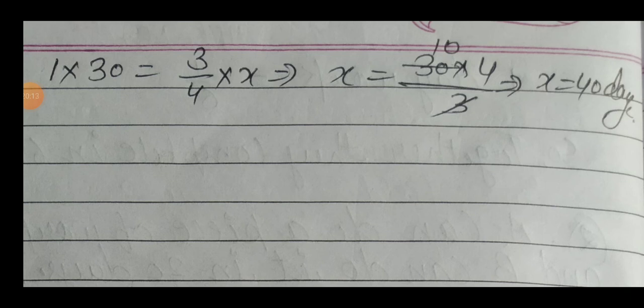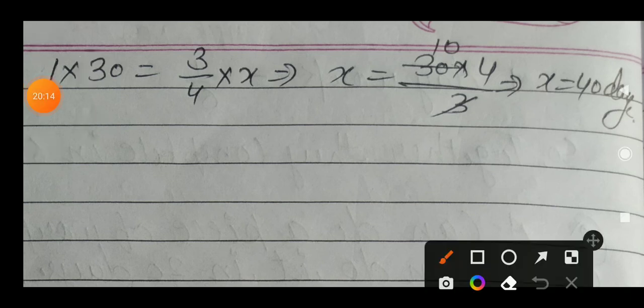So we have to write here just like that, 1 into 30, that means one work is completed by A in 30 days. So we have to write here 1 into 30 is equal to 3/4 part of the work is completed by x.